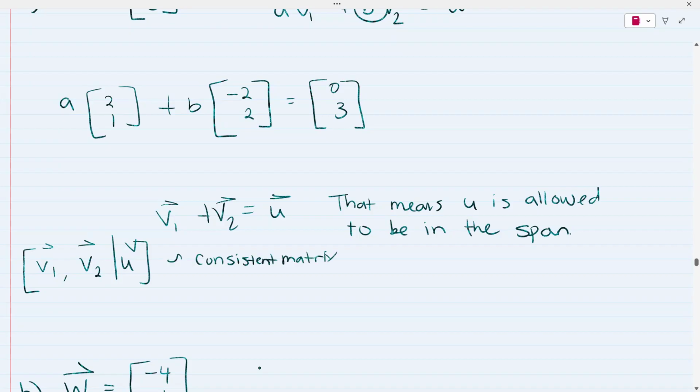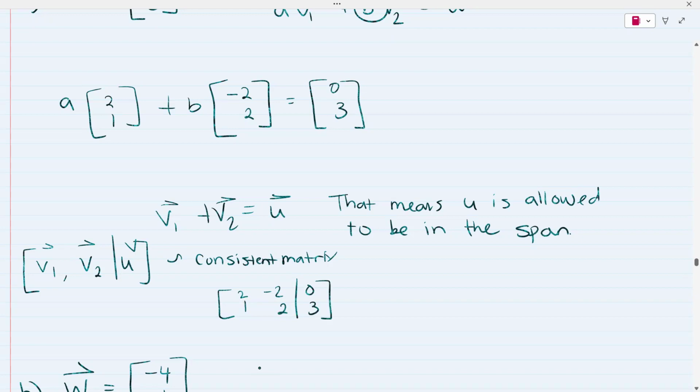So what that means is we're going to set it up like this: 2, 1, -2, 2, and then a straight line because it has to equal the u vector, which is 0, 3.